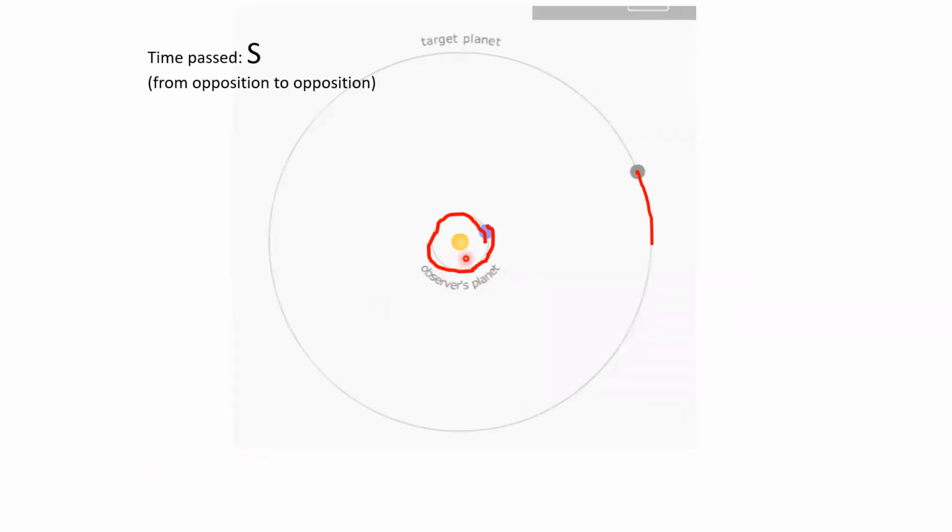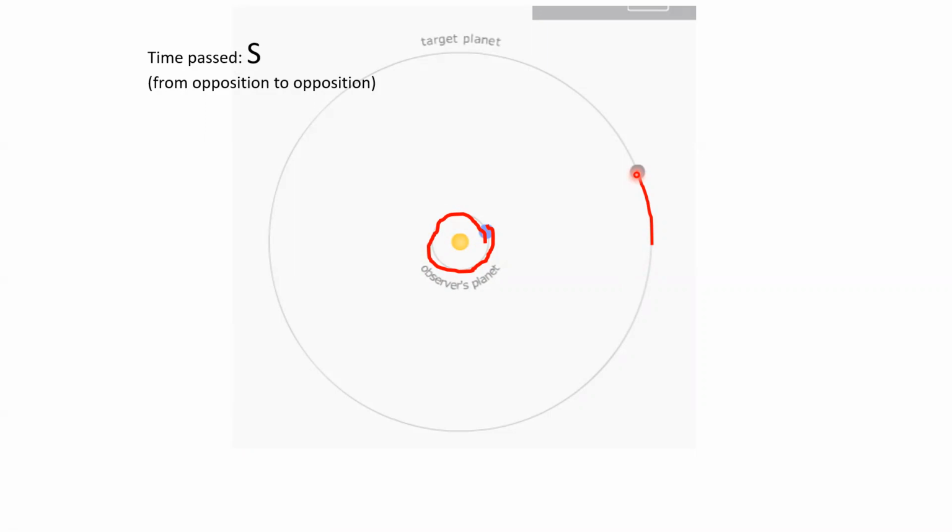So the Earth started out right here. It made a full orbit. It took a year to do that. And then it went a little extra until it was at opposition again with the outer planet. So the red line shows the path traced out by the Earth from one opposition of the outer planet to the next opposition. And the outer planet only went this far because the outer planet is not moving as quickly.